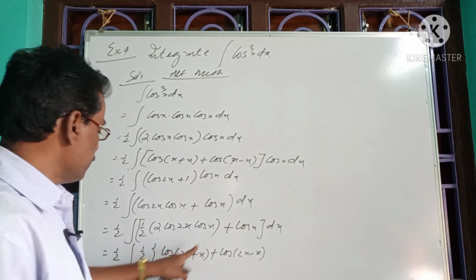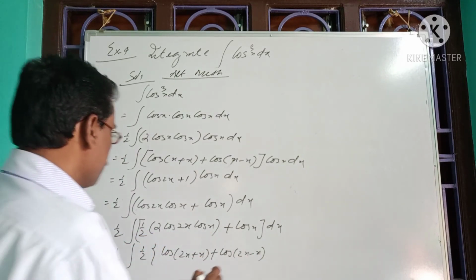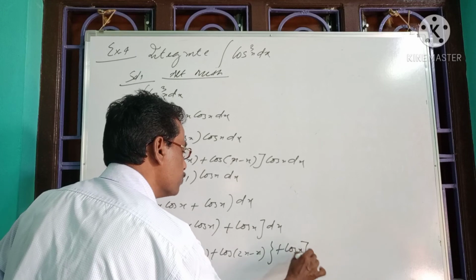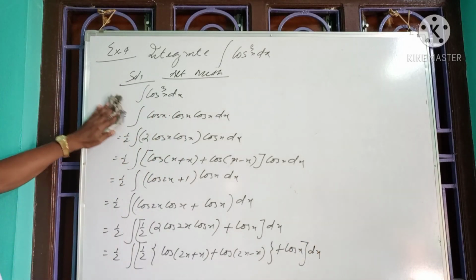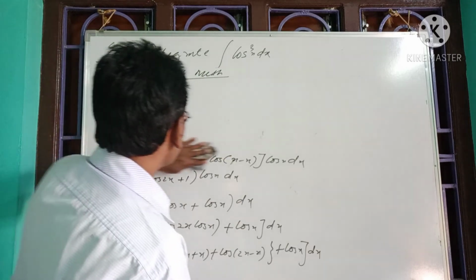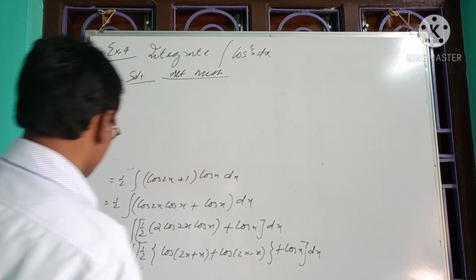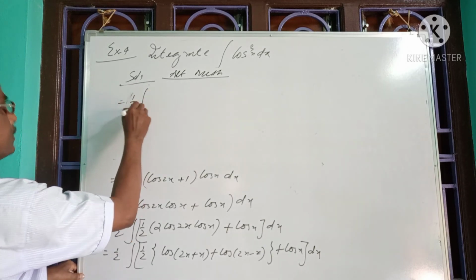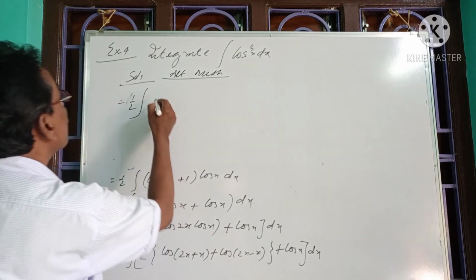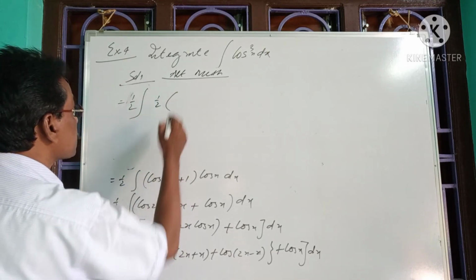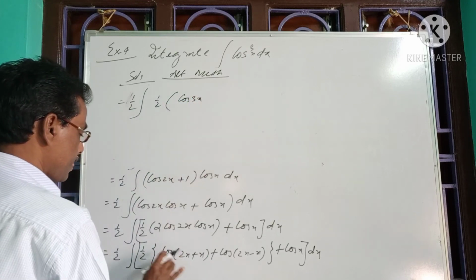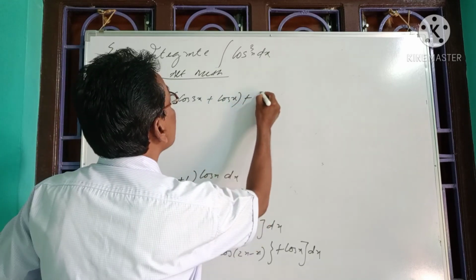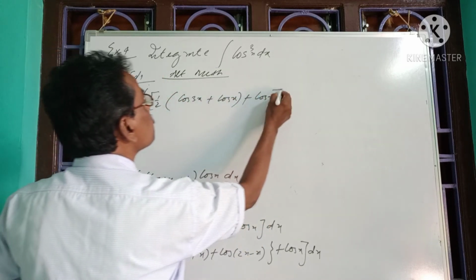2 cos A into cos B gives cos of (a plus b) plus cos of (a minus b), plus cos x, whole integration with respect to x. So now again simplifying, we have half into integration of, it will give us cos of 3x plus cos of x plus cos x, whole integration with respect to x.